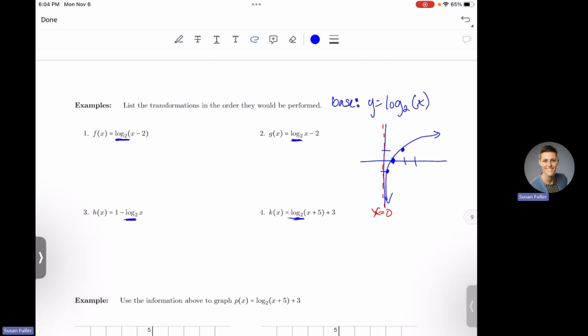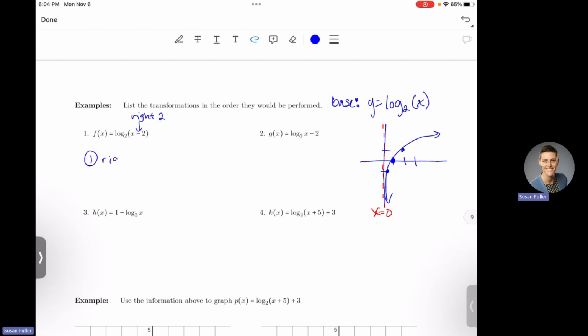And then in each of these, let's figure out what our transformations will be. All right, so number 1 here, log base 2 of x minus 2. The transformation that I have here is this minus 2 inside with x. Because I'm adding or subtracting inside, this is going to shift me left and right, and it's going to go the opposite way that I think it will. So this is actually going to move us to the right by 2 units. And that's the only transformation we have here.